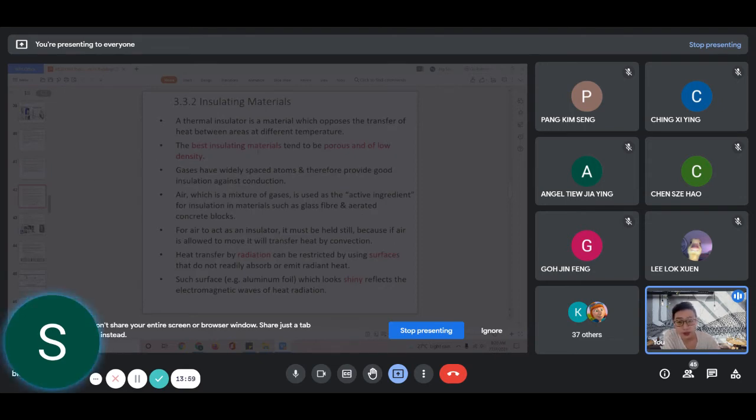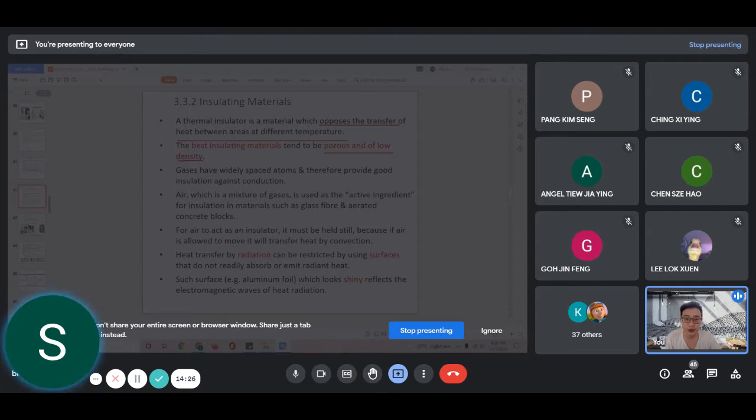Okay, so what is a good insulating material? Basically, an insulating material, a thermal insulator, is a material which opposes the transfer of heat between different areas. The best material is porous and low density.